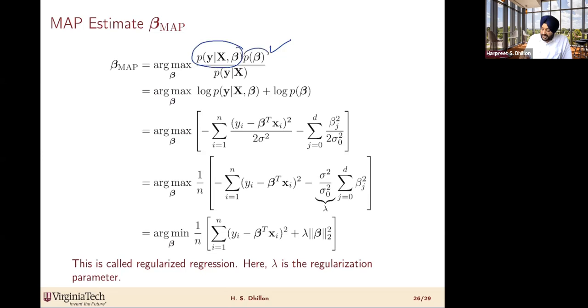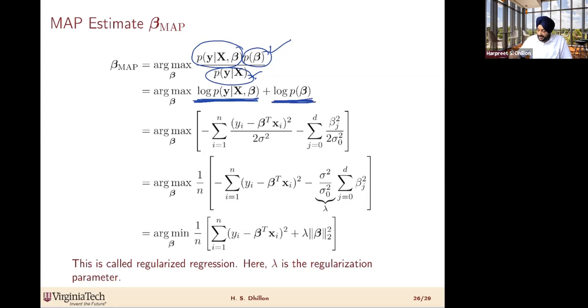So this is the new term. This is a term that doesn't contain beta, so that can be safely ignored. So ignoring this, these are the two terms that we get. Now, this is nothing but the log likelihood that we already had. This gave us the least squared regression. This is the new term.